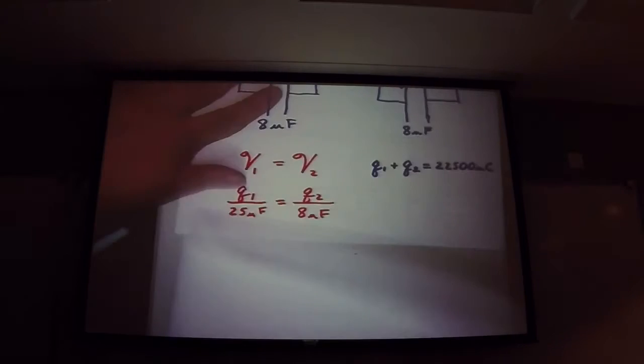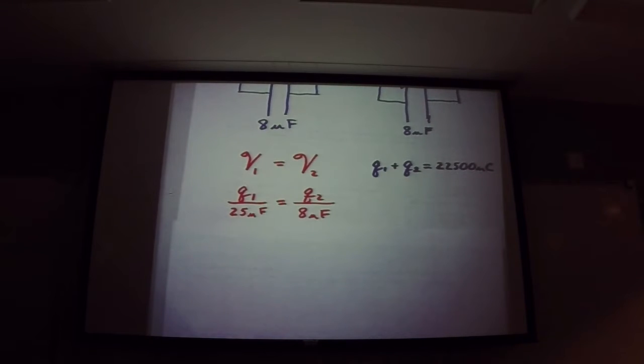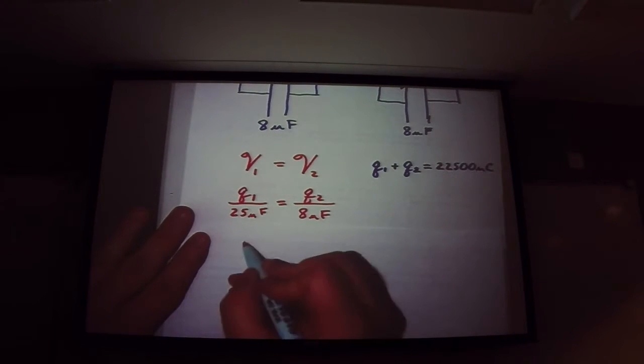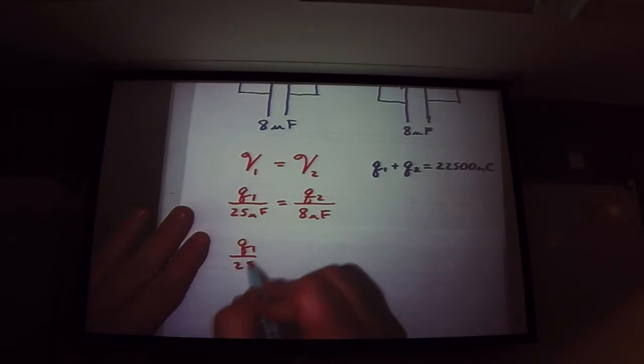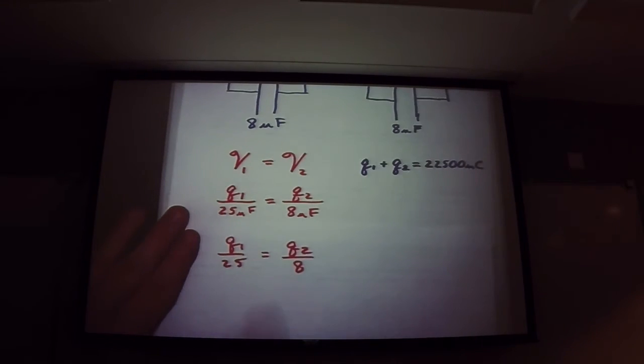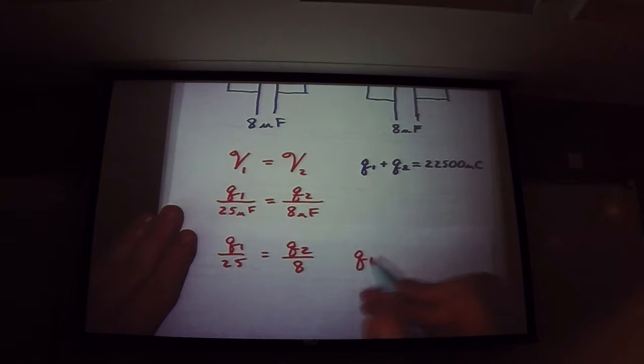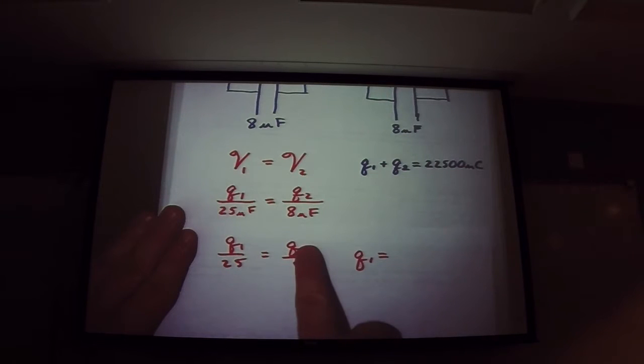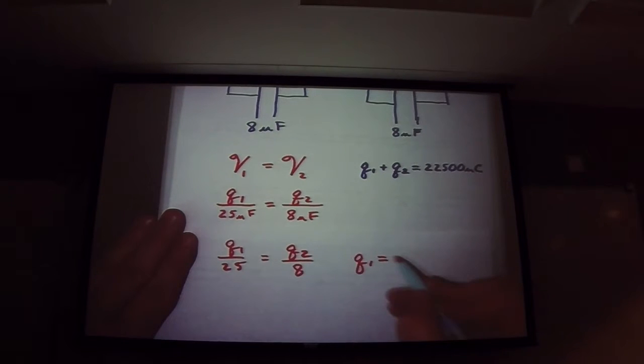Two equations, two unknowns, I'm going to solve. Let's simplify a little bit. I can divide out the microfarads, so Q1 over 25 equals Q2 over 8. I can solve this for Q1. 25 divided by 8 is 3.125, so Q1 equals 3.125 times Q2.